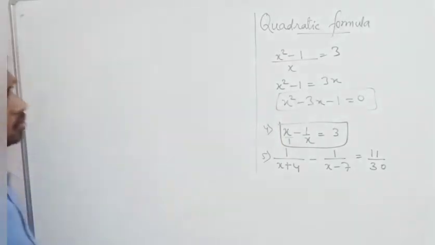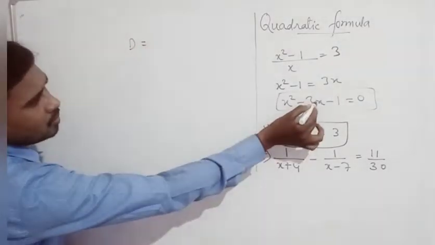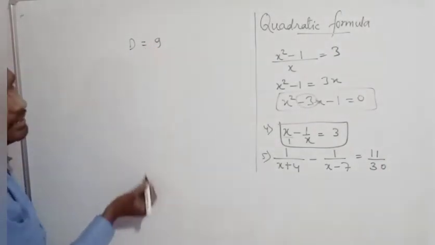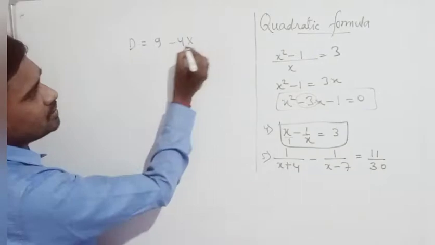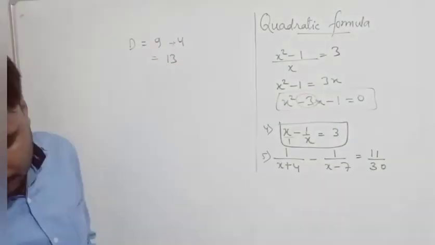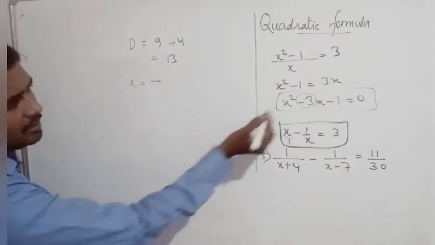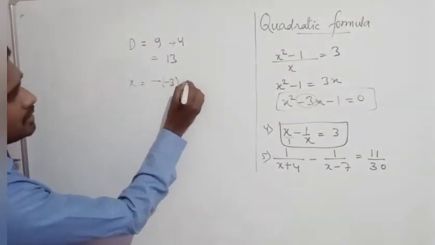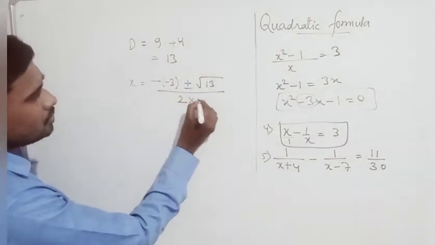Okay. So first of all find the value of b square. So minus 3 square is 9, minus 4 into 1 into minus 1, so it is minus 4 times minus 1, so it will be plus 4, and it is coming 13. Okay? Now the formula is minus b plus minus root 13 by 2 into a.